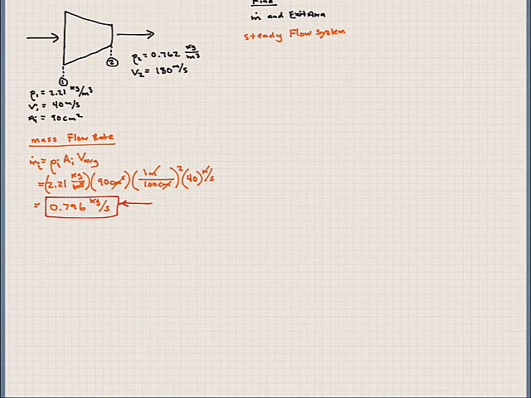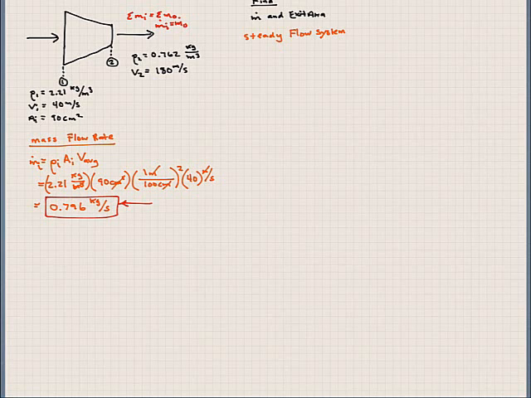We can say that the sum of the mass flow rates in equals the sum of the mass flow rates out. In this case, since we only have one inlet and one exit, mass flow rate coming in equals mass flow rate coming out. So that's an assumption that we're going to be making for this problem, and it's a valid assumption for a nozzle type problem.